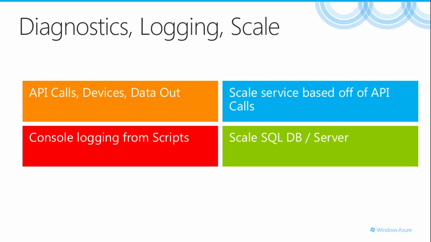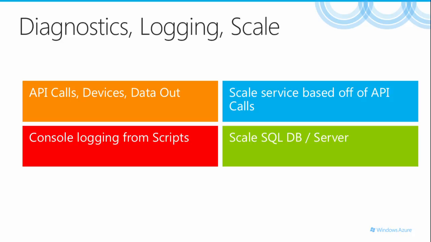So that being said, let's talk quickly about this and then wrap up. So diagnostics, logging, and scale. We've got API calls, devices, and egress, so data going out of the data center. We log that. You can see some nice graphs of it. You can scale your service based off API calls. Mobile services now supports auto-scale, as do a lot of our other services.